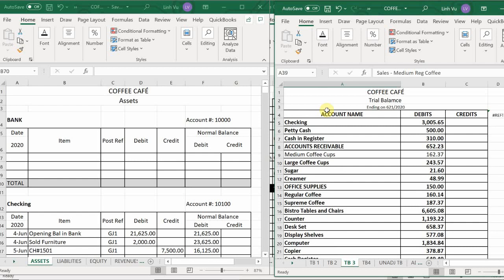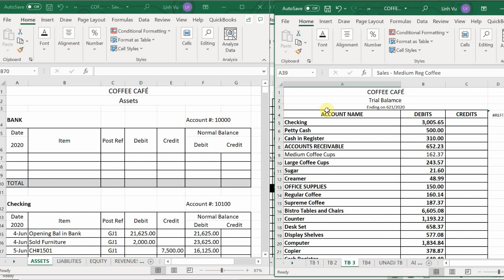Instead of having to type in every single account here, I can simply make a copy of the sheet, okay? Not select all the cells and make a copy of it, but actually make an actual mirror image of this exact sheet right here. And all we have to do is look at our ledger and just plug in the numbers that we don't have, okay?